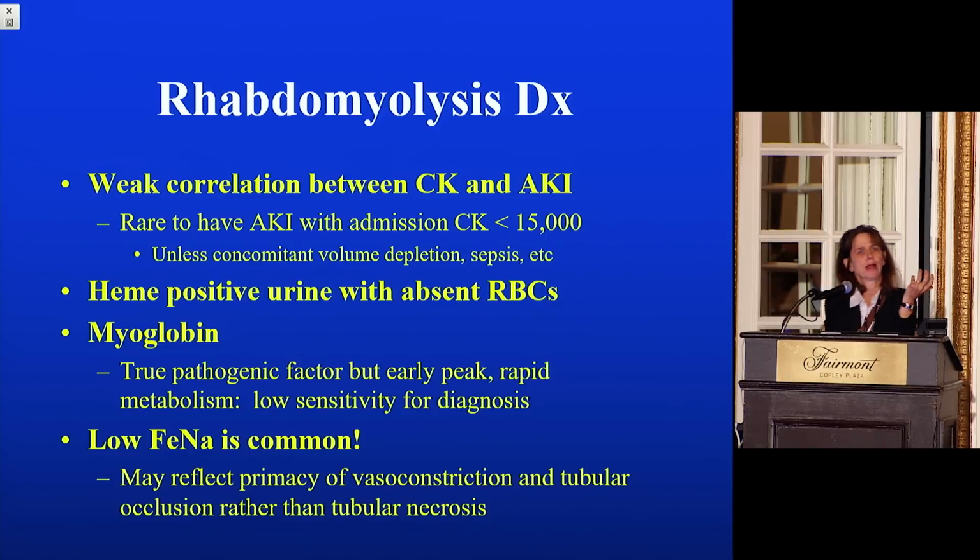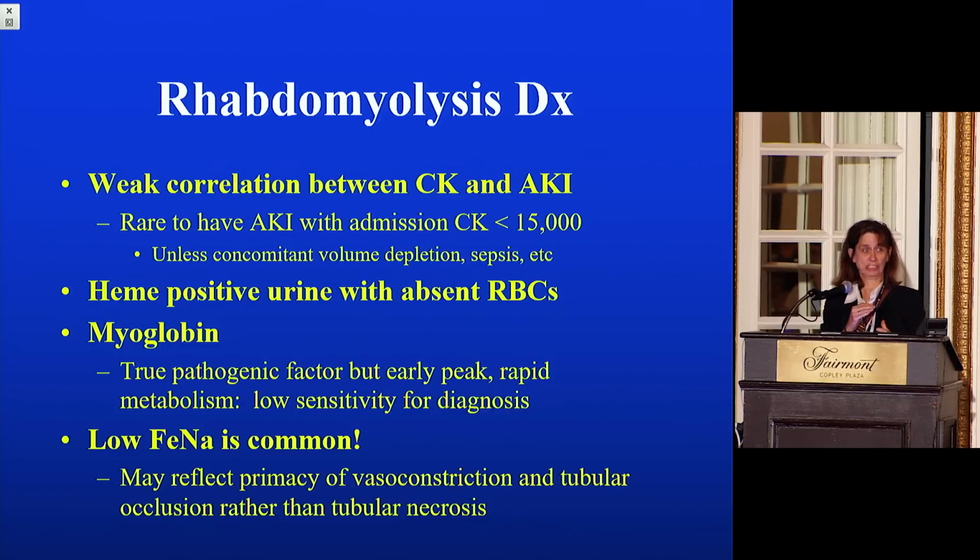How do you diagnose rhabdo? Well, the diagnosis, by definition, a high CK suggests muscle injury, muscle dissolution. Because the CK is coming from muscle, no question. How do you diagnose AKI due to rhabdo? Well, that's much harder. There's no good biomarker.